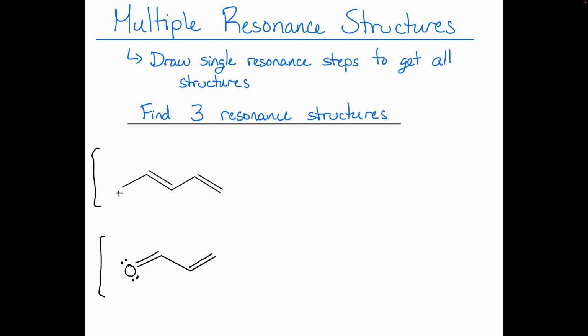So both of these actually have 3 resonance structures that you can draw for each of them. What you want to do is spy what pattern you have, make that jump to find your new resonance structure, and then take a look at that new resonance structure and see what pattern it has.